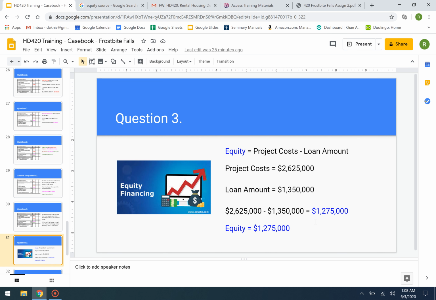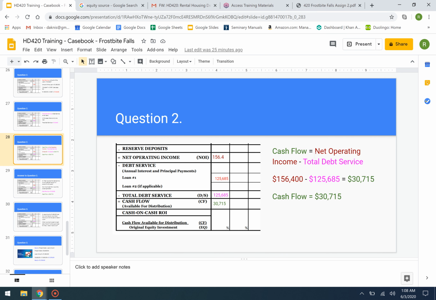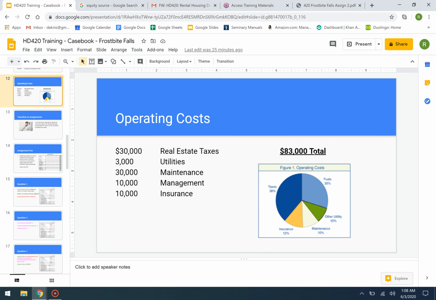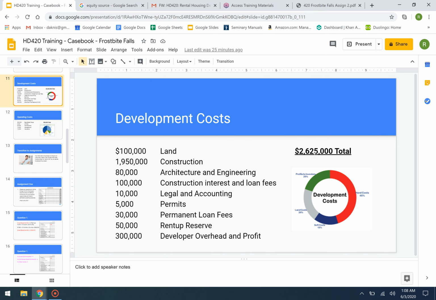Okay, so we're moving a little bit away from the spreadsheet, and we're looking at kind of more big picture. The first thing is the project costs minus the loan amount. That's how you determine equity. Now, where did project costs come from? Go all the way back up to the facts of the case in the introduction. You'll see development costs. That's the total project cost. This is how much it costs to do everything. $2.625 million total.